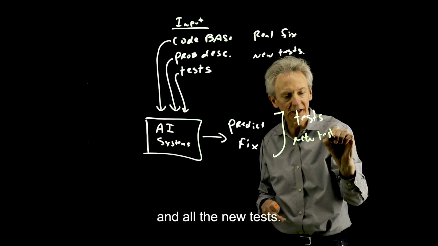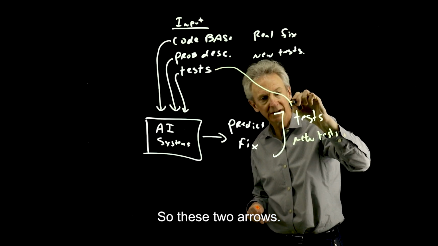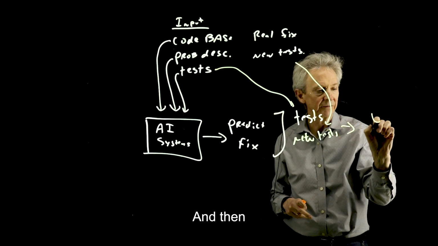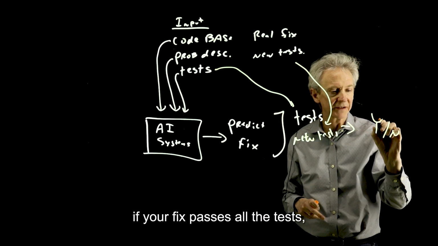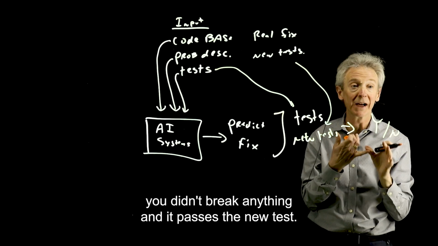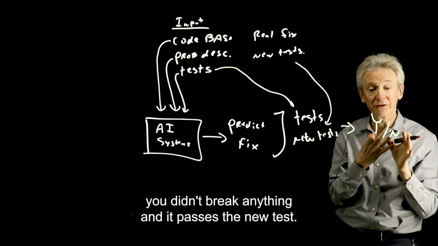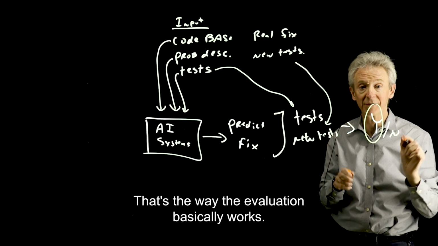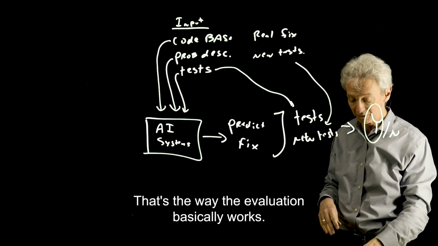New tests. So these two arrows. And then, if your fix passes all the tests, you didn't break anything, and it passes the new tests, then you have fixed the bug. That's the way the evaluation basically works.